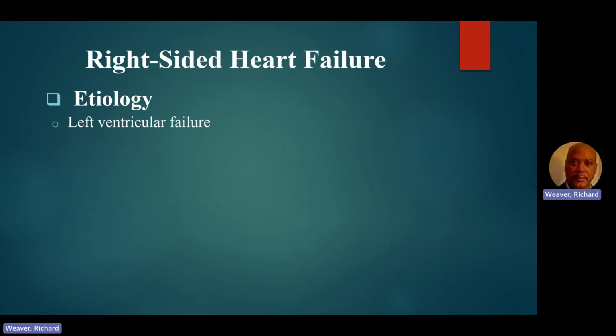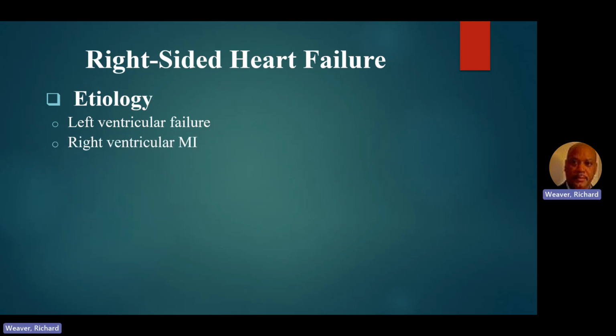The left ventricle too will be enlarged because of all that pressure. But on the right side, which is what we're talking about now, it will increase the size of the right ventricle, and at some point it will impair that right ventricle.